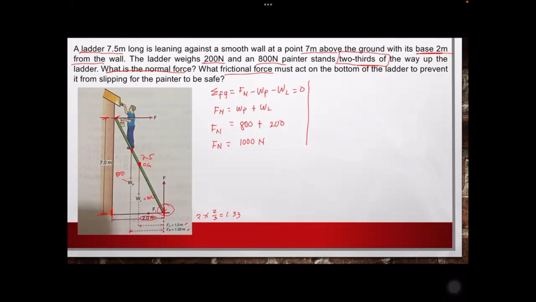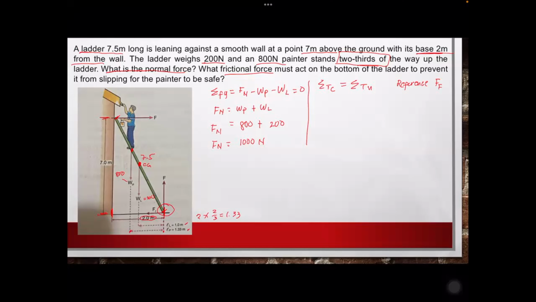So, magkakaroon tayo summation of torque clockwise is equal to the summation of torque counterclockwise. So, reference is the F sub F.